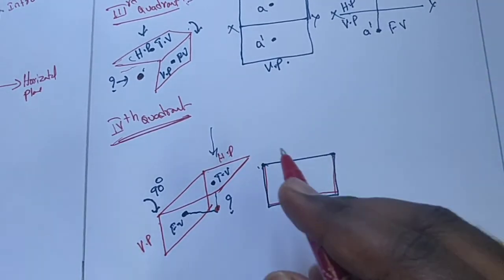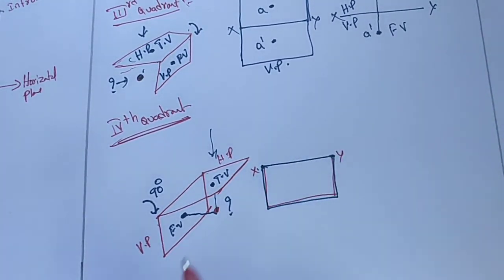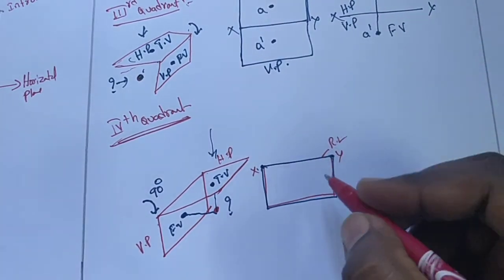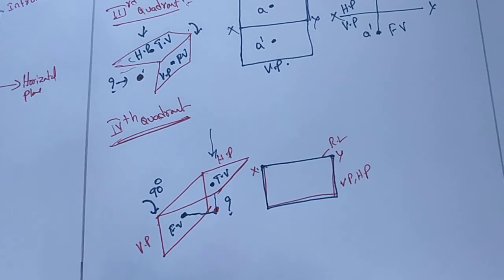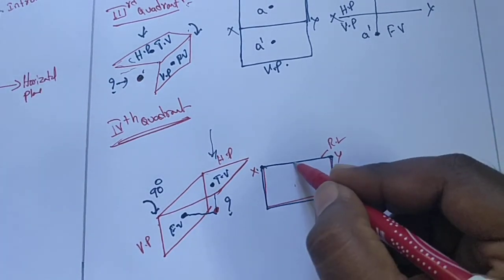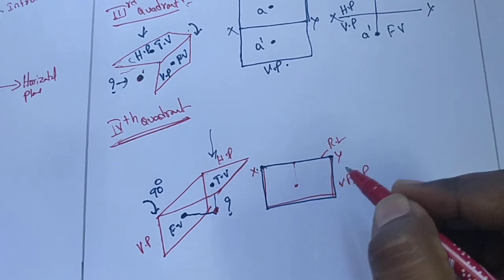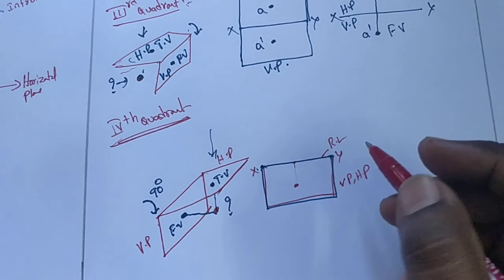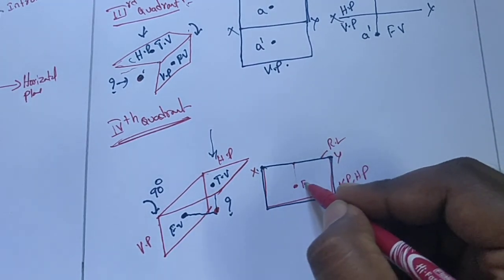Here, both the vertical plane and horizontal plane are below the reference line, VP and HP. Okay, so the object is located in the vertical plane, where we will get the front view.